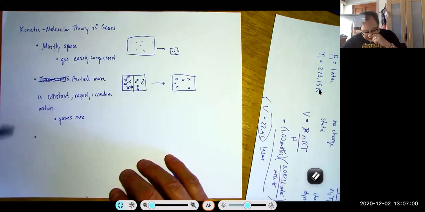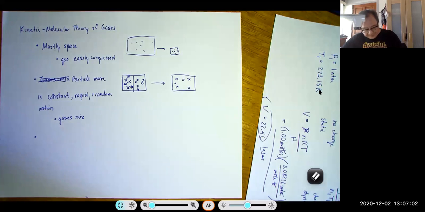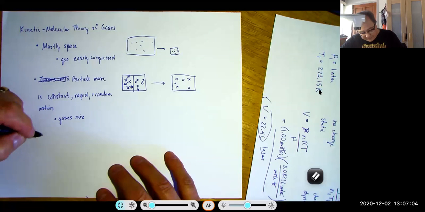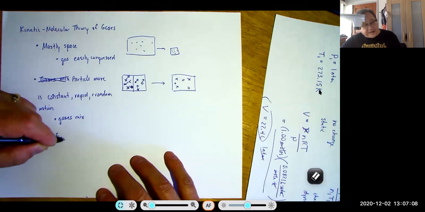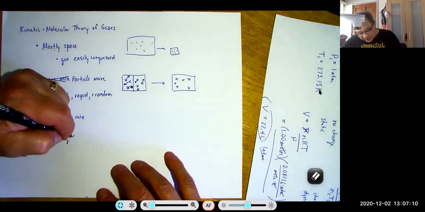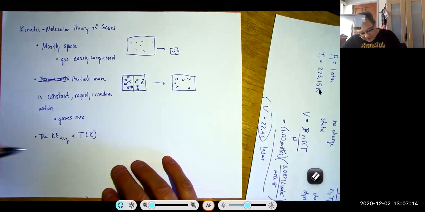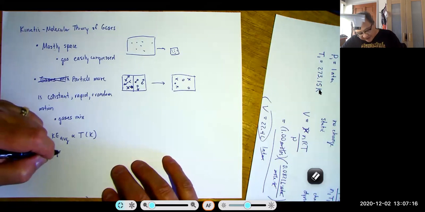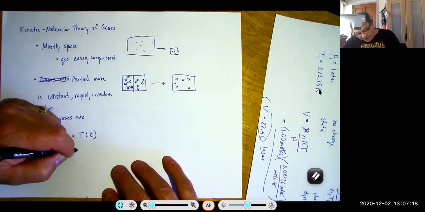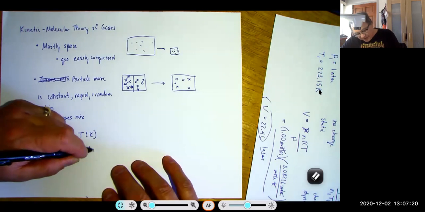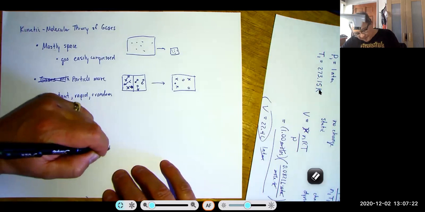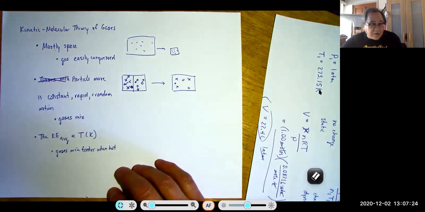Another thing that we can say is that the average kinetic energy of a gas is proportional to the temperature in Kelvin. So what this means is that gases mix faster when hot, and they mix slower when cold.